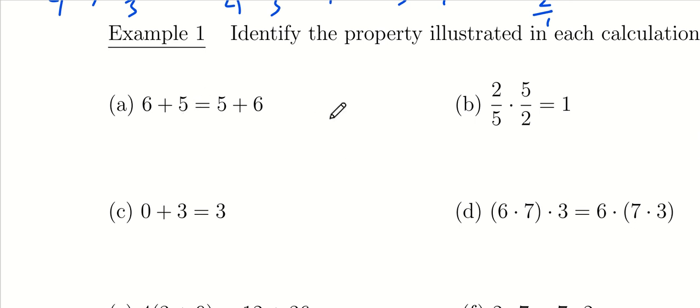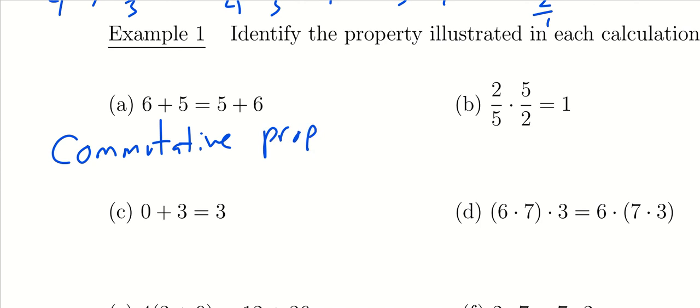In example 1, we're asked to identify the property illustrated in each calculation. We have addition. It says that 6 plus 5 is the same thing as 5 plus 6. That would be the commutative property of addition.